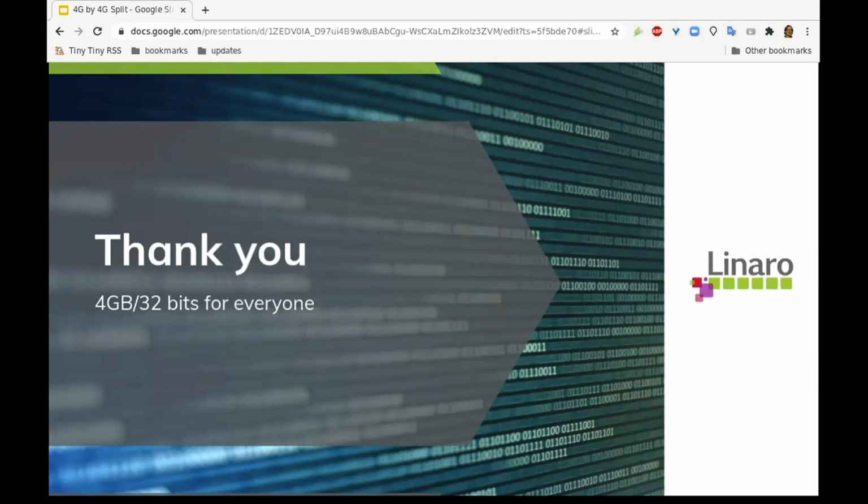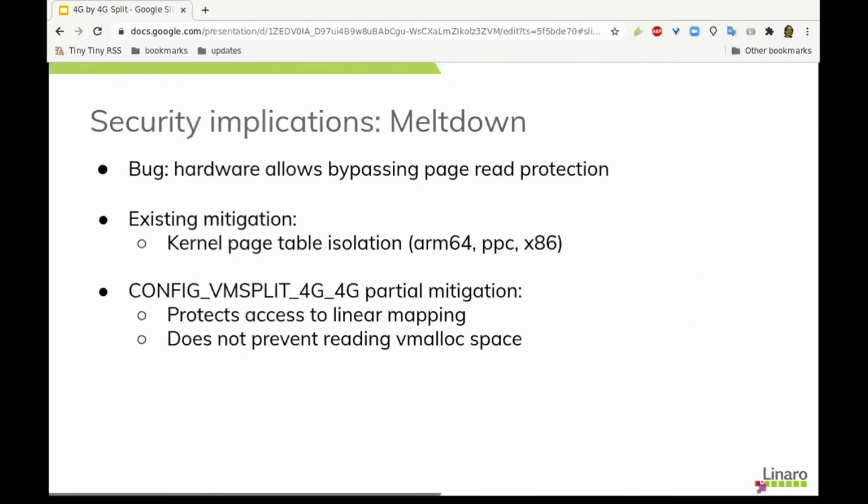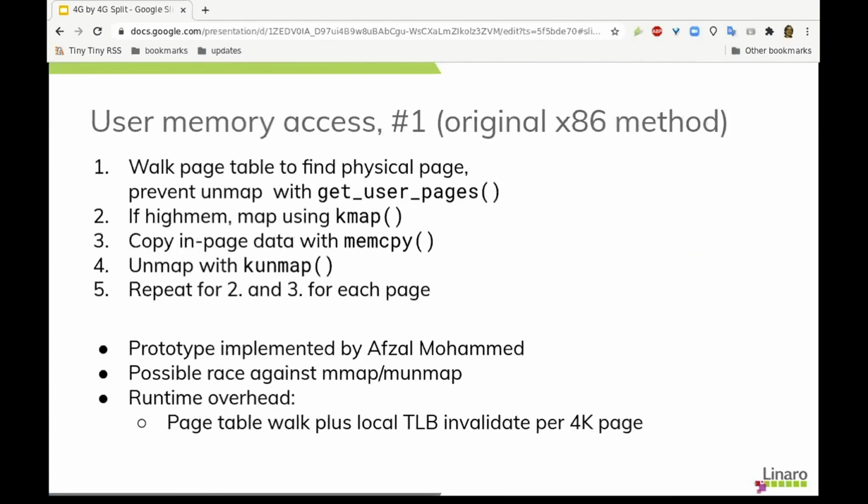If you want to do DMA, you still have to know the physical address. So what makes the approach that I mentioned expensive with the user memory access is mostly finding the page and making sure it doesn't go away. So if you want to do DMA, you have almost the same overhead, and then you additionally have the overhead of starting the DMA and waiting for it. So this wouldn't be any faster.